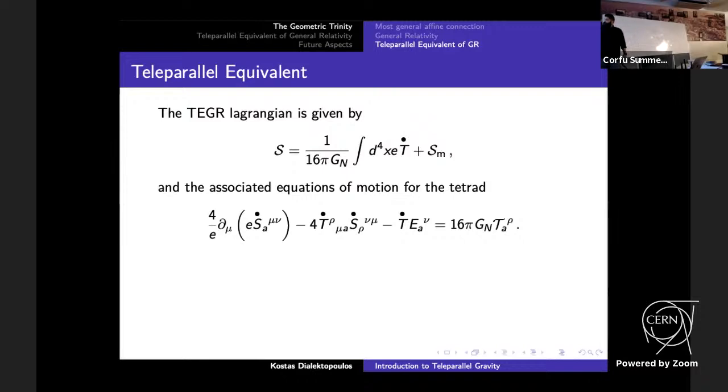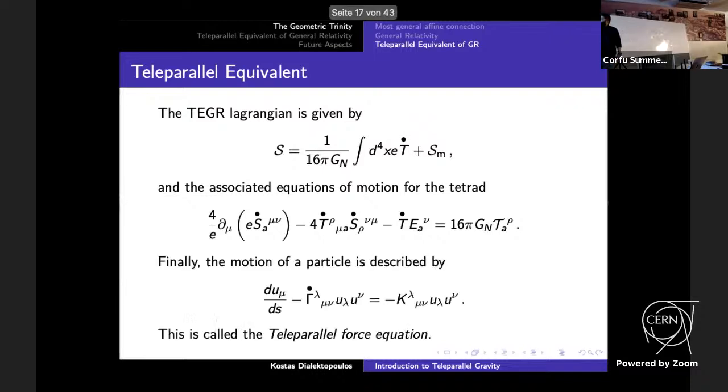And this left-hand side is just the Einstein tensor written in the teleparallel format, where the fundamental field is this E here, the inverse of the tetrad. And this is the fundamental field describing the gravitational field.